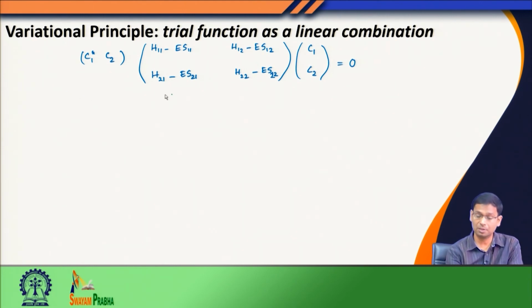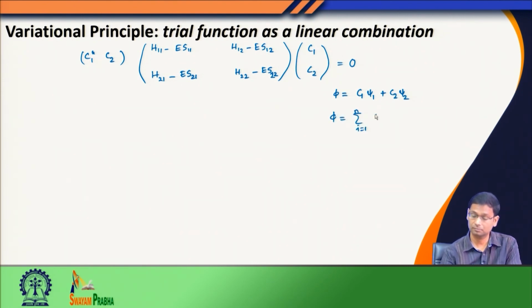So, now when we express our trial function phi as a linear combination of two functions, we get a 2 by 2 secular determinant whose solution we will have to find. But if I take the trial wave function as a linear combination of n functions, instead of a 2 by 2 determinant I would have an n by n determinant.